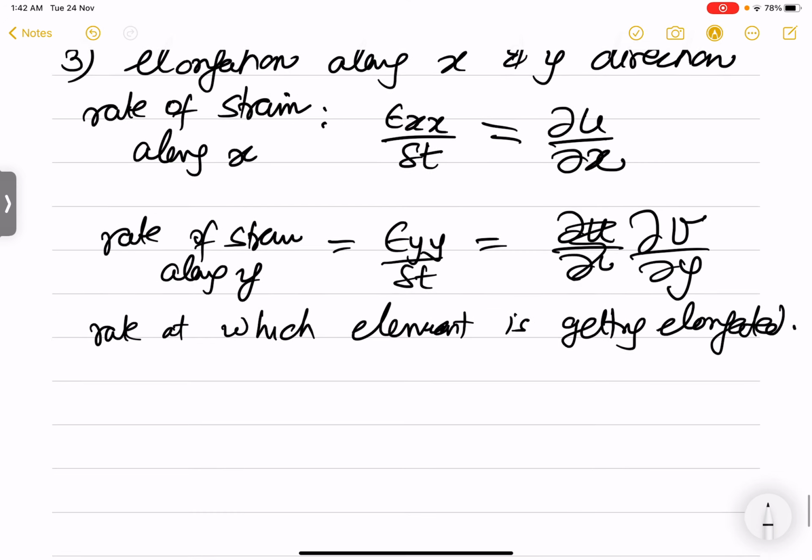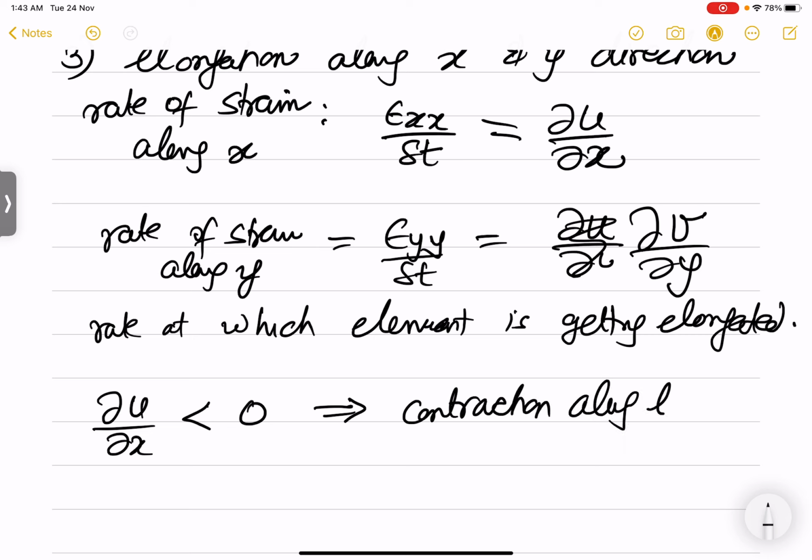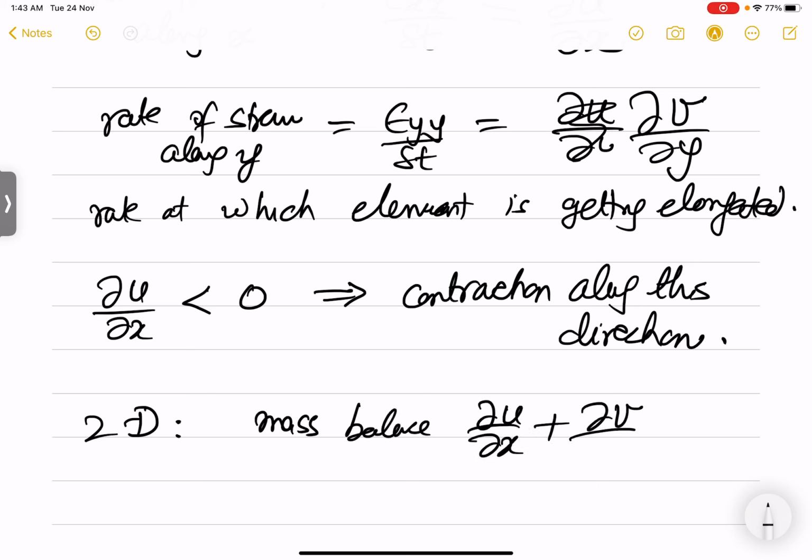Now, what will happen if partial u by partial x is negative? What does this imply? This implies that there is a contraction along this direction. Now, if we look at the 2D case for incompressible fluids, the mass balance leads to partial u by partial x plus partial v by partial y is equal to 0.